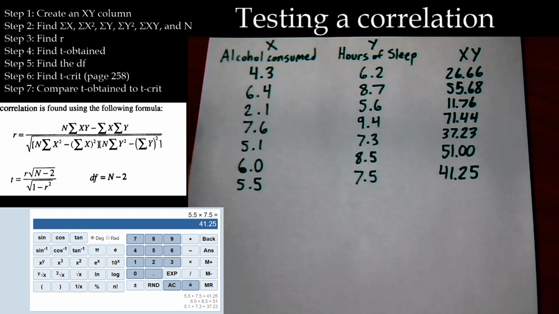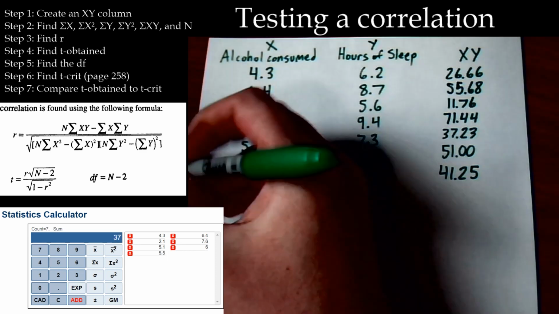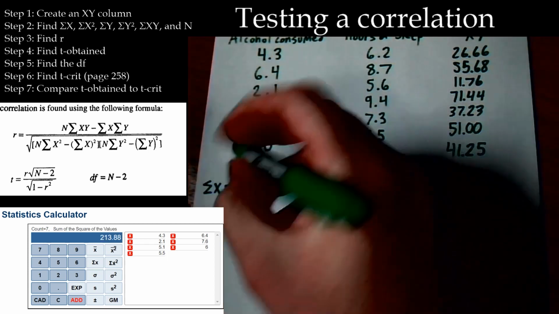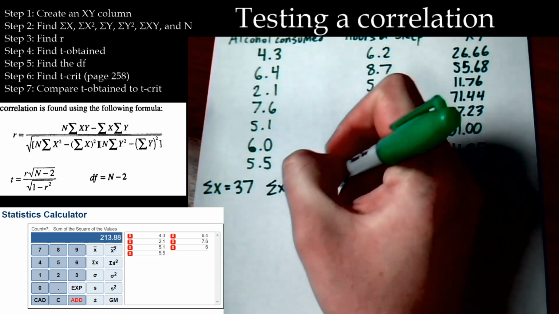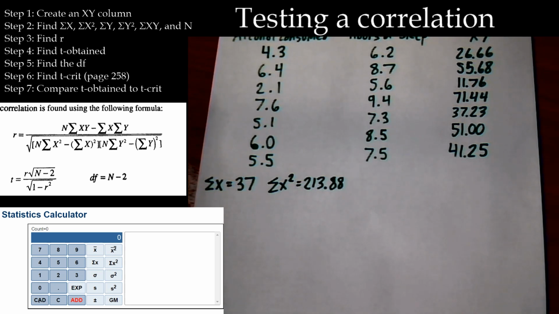To find the sum of x and the sum of x squared, enter the values for x into your statistics calculator. Once you have those two values, you can repeat it with the values for y.